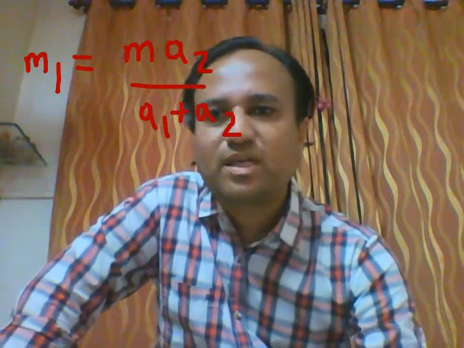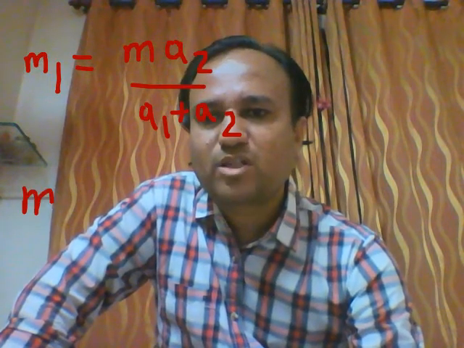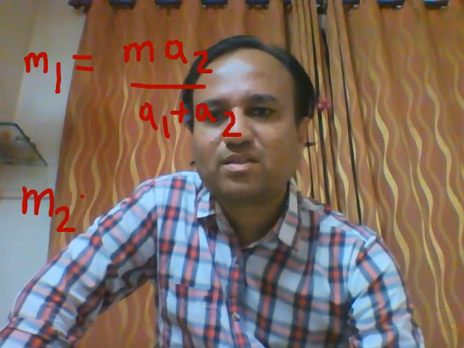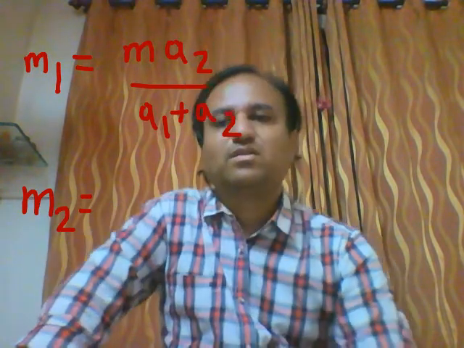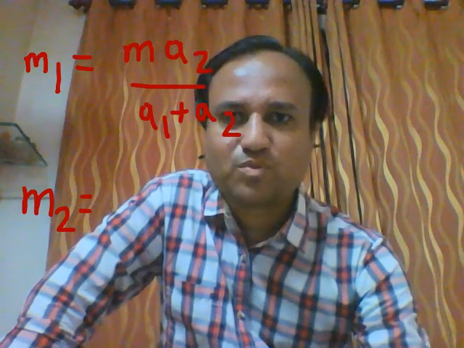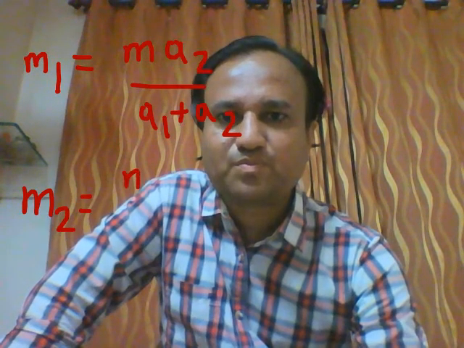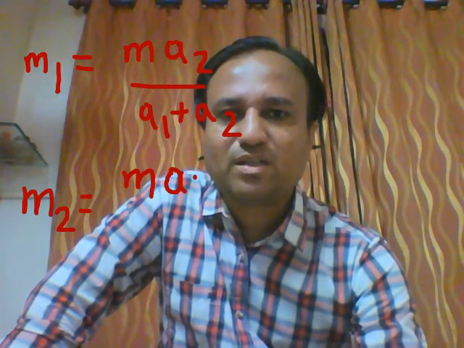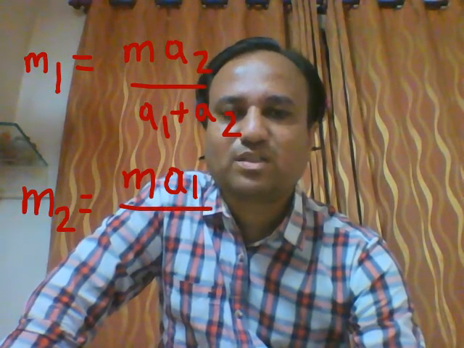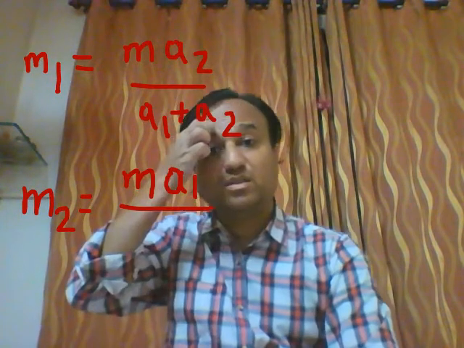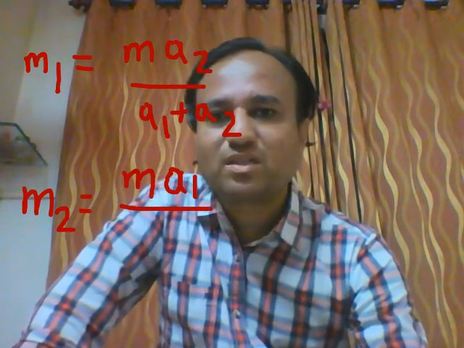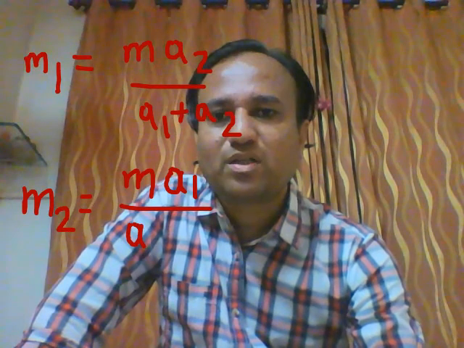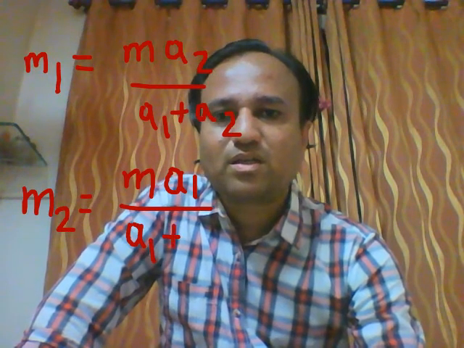Similarly, the calculation of M2, that is the mass of the second point, M2 is equal to M, that is the mass of the rigid body, into A1, the distance between CG and the first point mass, divided by A1 plus A2.